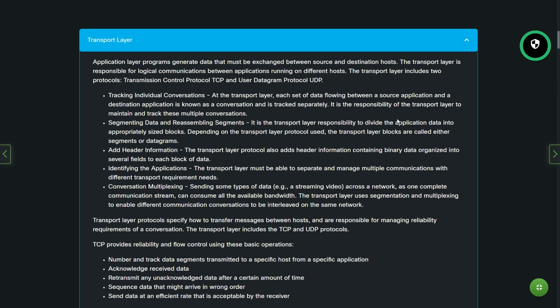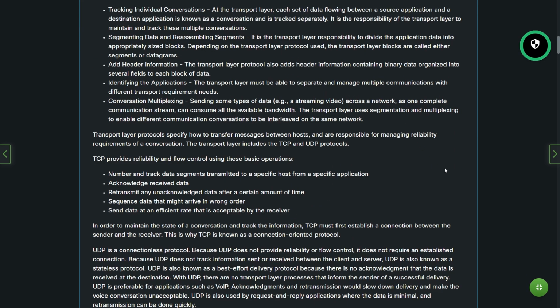The transport layer uses segmentation and multiplexing to enable different communication conversations to be interleaved on the same network. Transport layer protocols specify how to transfer messages between hosts and are responsible for managing the reliability requirements of a conversation. The transport layer includes the TCP and UDP protocols.